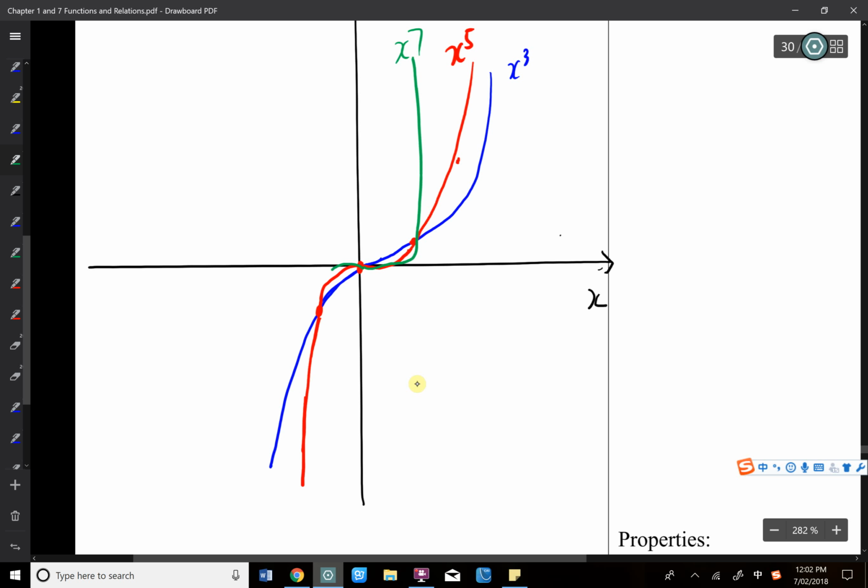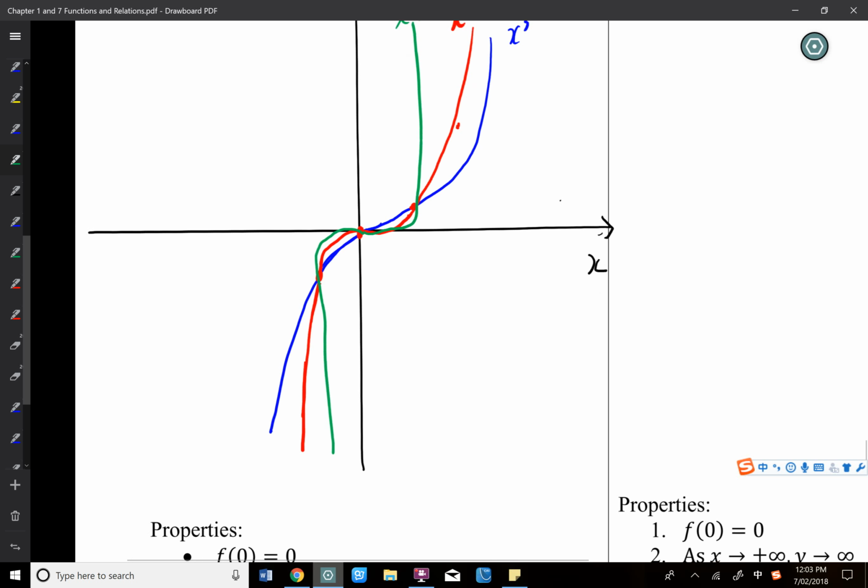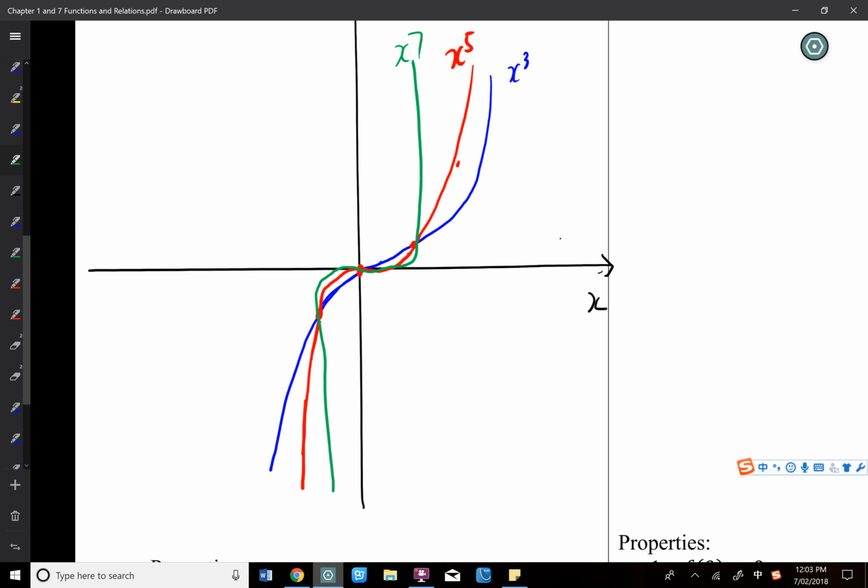My graph is not very right because it looks ugly, but it needs to go below x to the power of 5 and then go higher than x to the power of 5. So that's how the graph of x to the power of n looks, where n is an odd number. The green one looks very painful and doesn't look right, but it should be more straight and smooth.